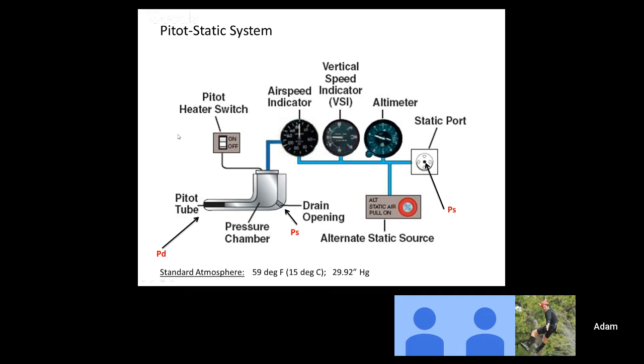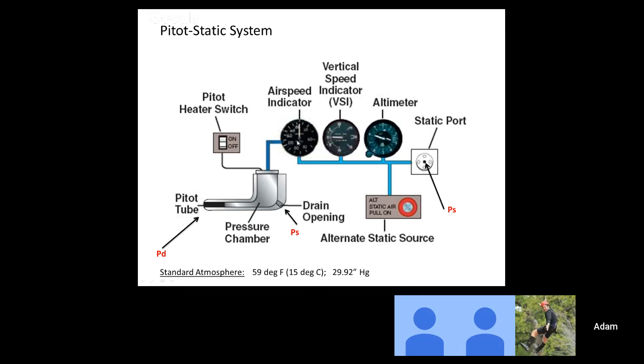As direct air enters the pitot tube, it creates a dynamic pressure. And the airspeed indicator uses that dynamic pressure compared to the static pressure acting on the static port and gives you an airspeed readout, a calibrated airspeed. As you can imagine, if the aircraft slows down, the dynamic pressure going into the tube will be less.